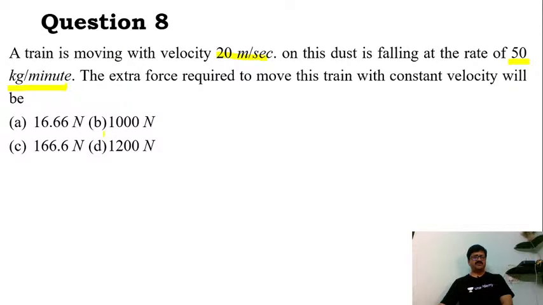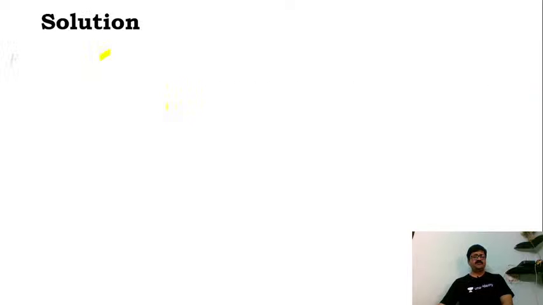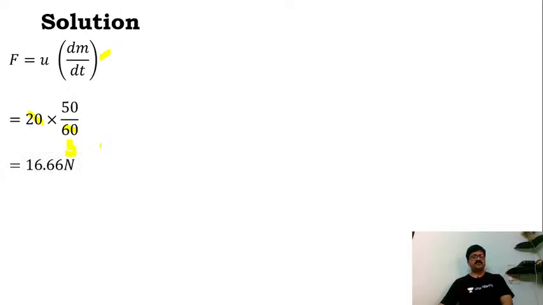As you can notice, they have given 50 kg per minute, so I am converting it into kg per second. So clearly this will be 50 divided by 3, right? So 50 by 3 is how much? 16.66 Newton. 16.66 Newton is the required answer here.